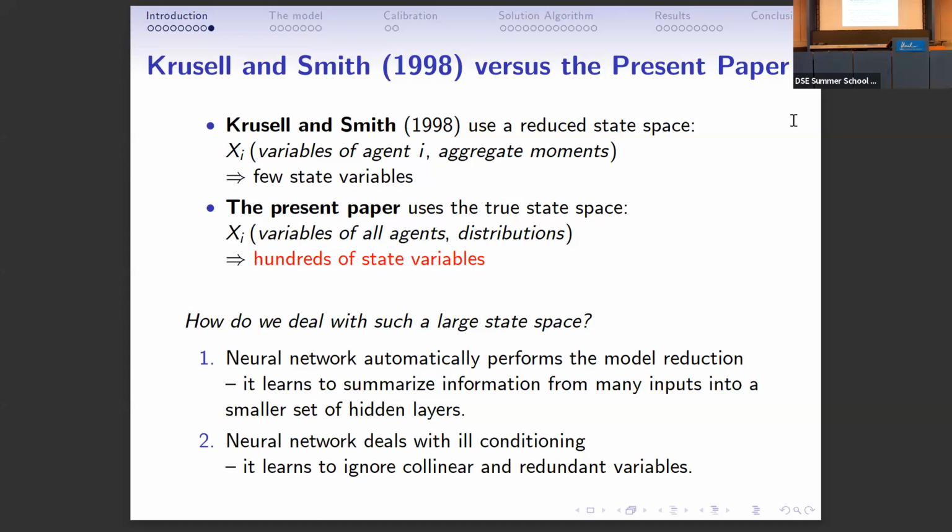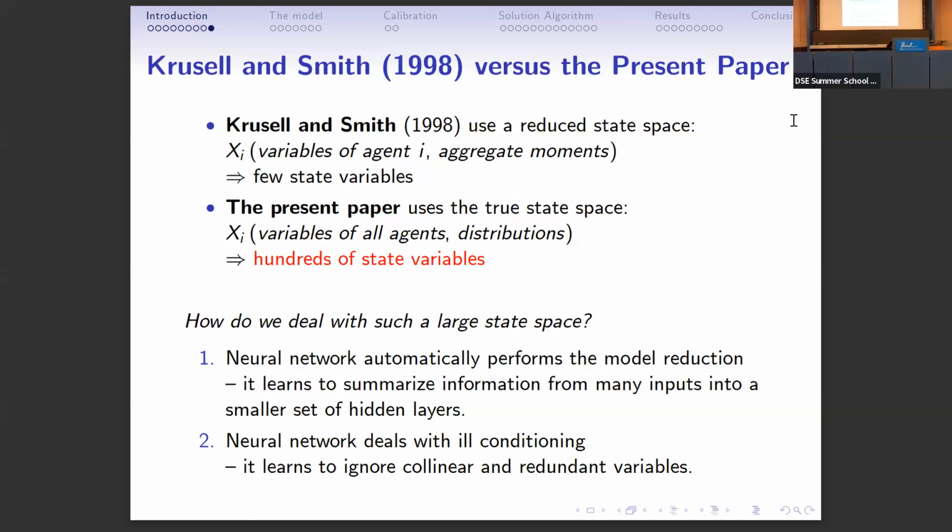So basically, instead of using aggregate moments, as was originally proposed by Krusell-Smith, the whole distribution enters the state space. And the way we construct this is to include the variables of the same agent 2 times, right? Just for convenience, and it proved to work the best.